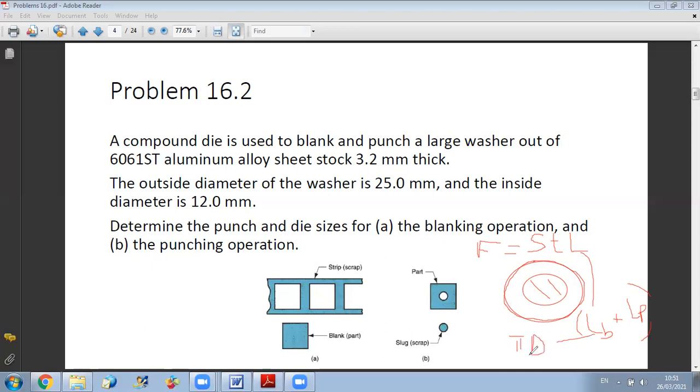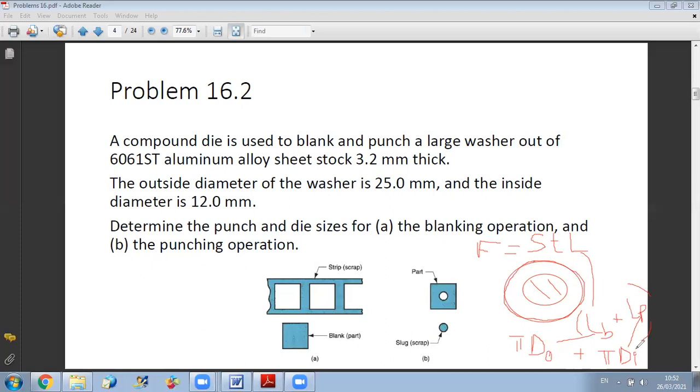While when performing the punching operation, the length of cut is the perimeter of the hole, so L punching will be pi times d inner. If you want to perform both at the same time, then the total cutting length will be the summation of pi d outer plus pi d inner.